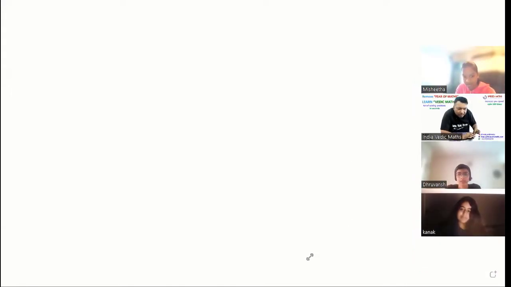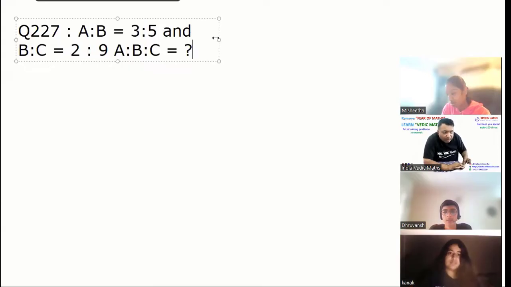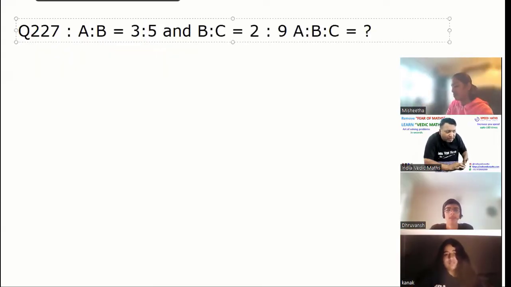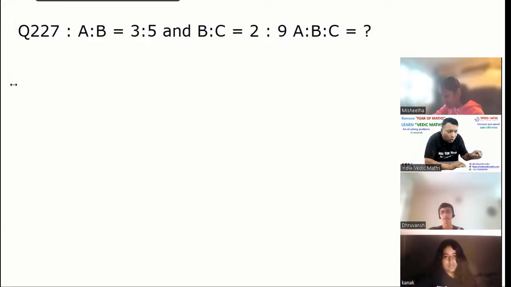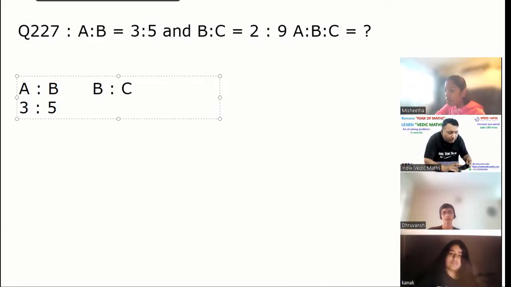So let me start again. We were talking about how B is similar in both of them. The idea is when you combine two ratios, you have to make the central or common term the same. Say A is to B, 3 is to 5, and B is to C, 2 is to 9. Which is common in both? B, right?